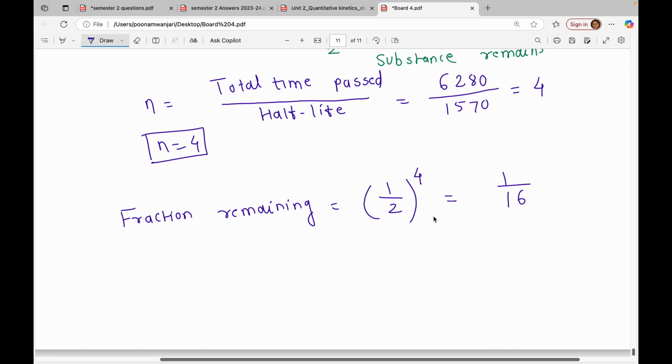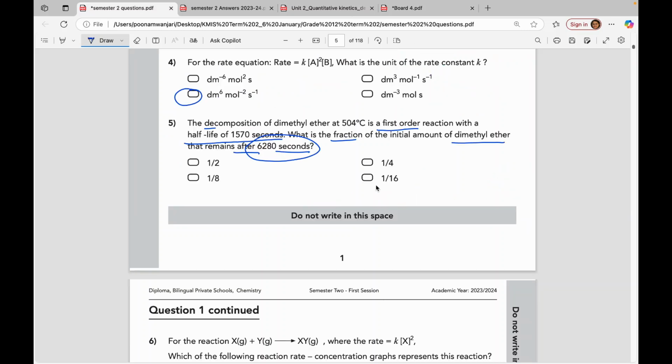So student, this is our answer, that is fraction remaining after time 6280 seconds will be 1/16. So we can check the answer. Yes, our answer is D, that is 1/16.